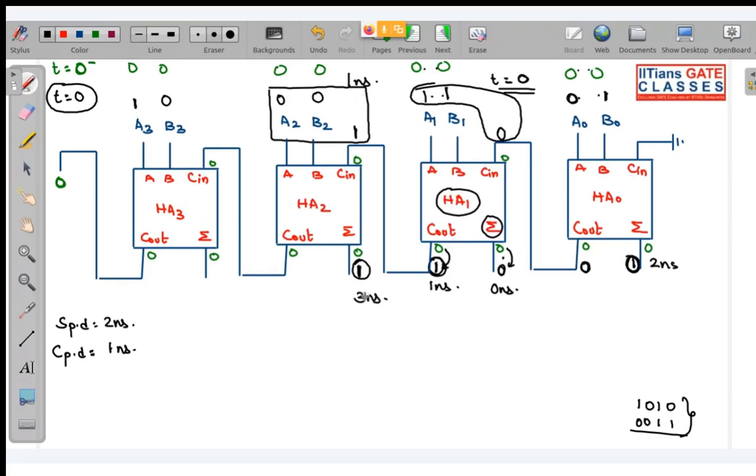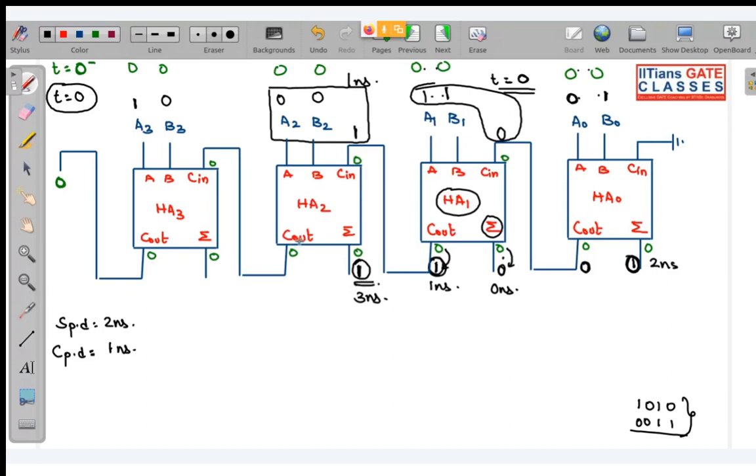So last time I think I had made some mistake. I didn't write 3 nanosecond over here. This is 3 nanosecond. So look, this sum is getting stabilized at 3 nanosecond.